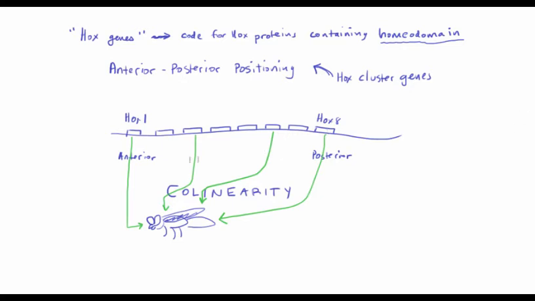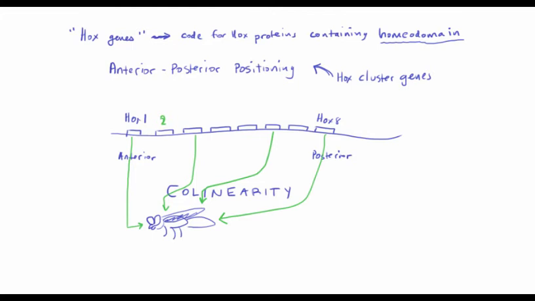For example, HOX1 is deployed earlier, becomes active earlier than HOX2, and then after HOX2 is deployed, then we get HOX3 and so forth down the axis. So there are a few rules like this, and for you guys, I think just being aware of HOX clusters and the general rules of collinearity is a really good place to start.